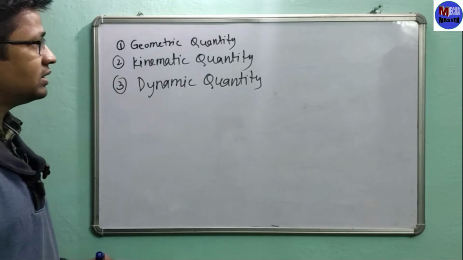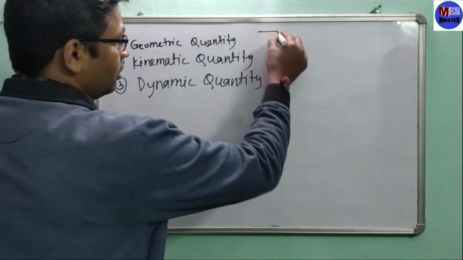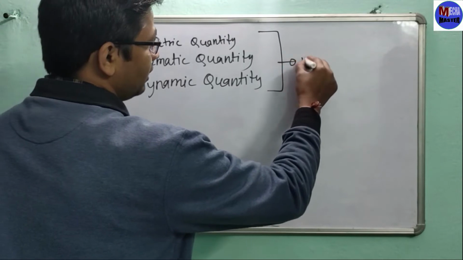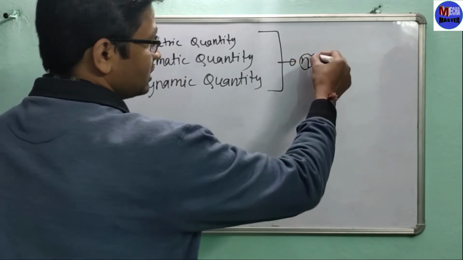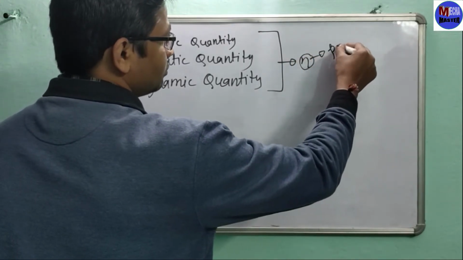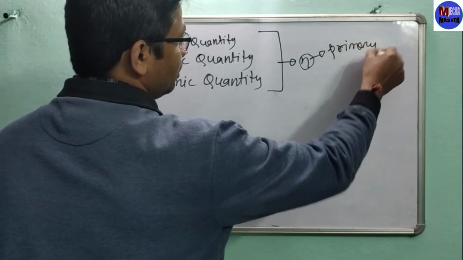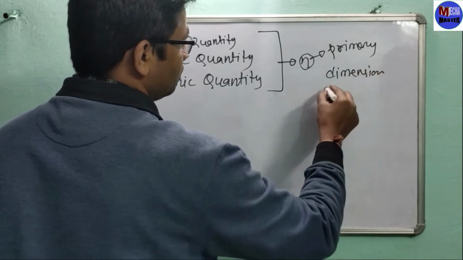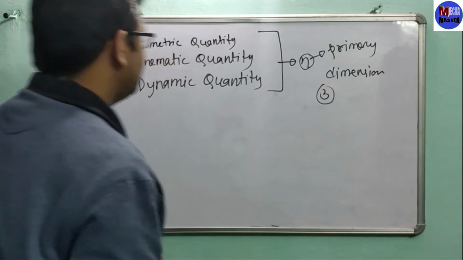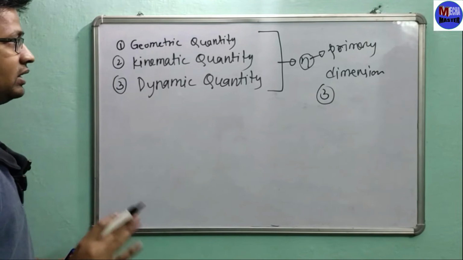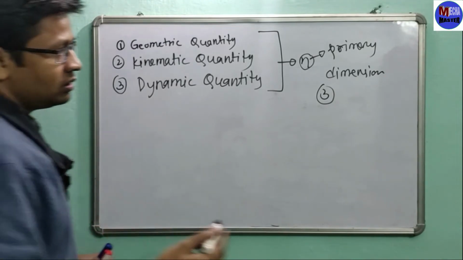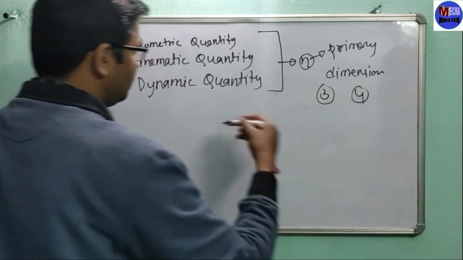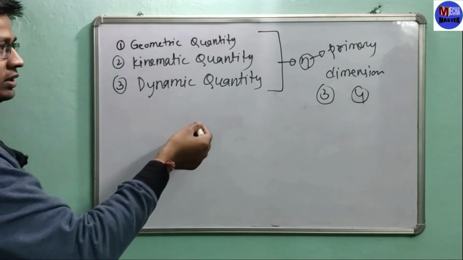Because we have chosen n primary dimensions as 3. That's why we use only 3 types of quantities. In thermodynamics there are 4, then we need to define one more quantity.